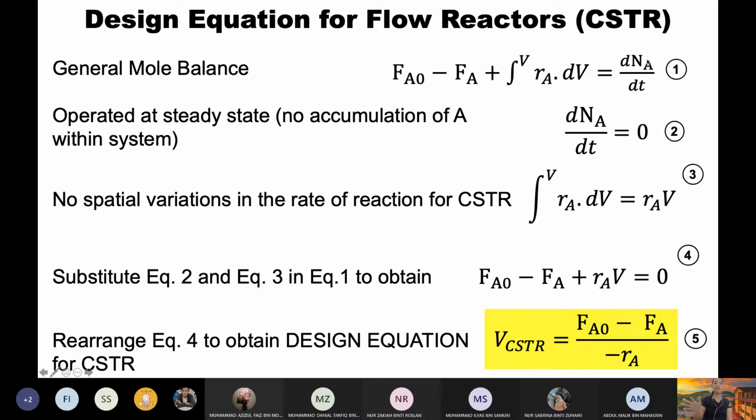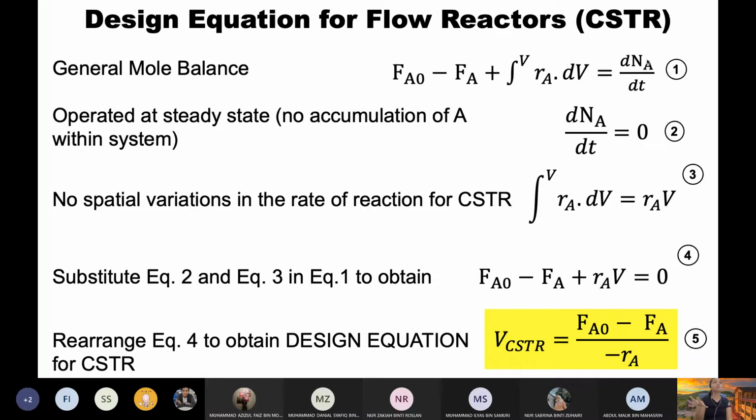But as I said, this equation will have to be tweaked or modified according to the properties of the reactor. When the reactor has a certain property, the equation will change accordingly. So we have to understand what the reactor property is and how it affects the design equation.